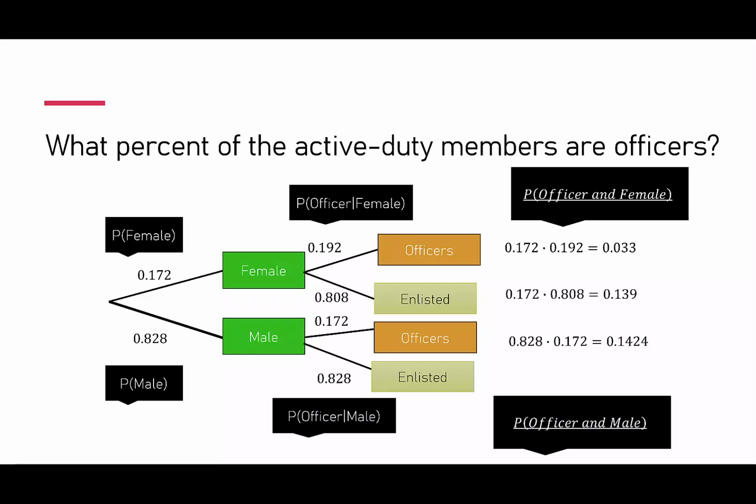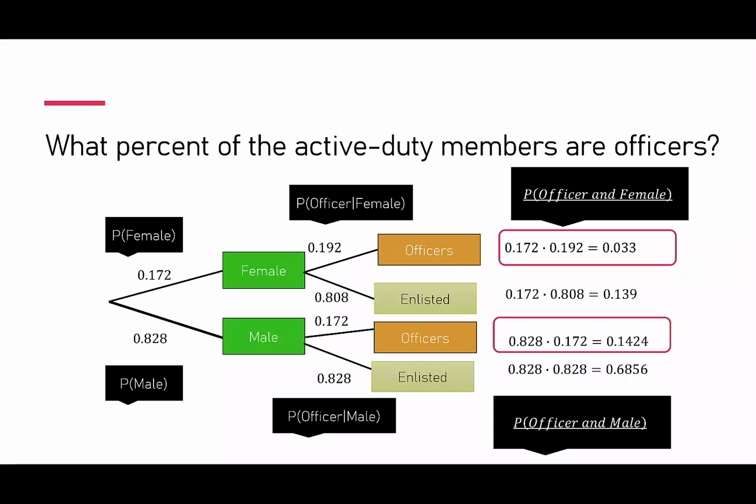Then our last set of branches, the probability of enlisted and male, is 0.828 times 0.828, which is 0.6856.